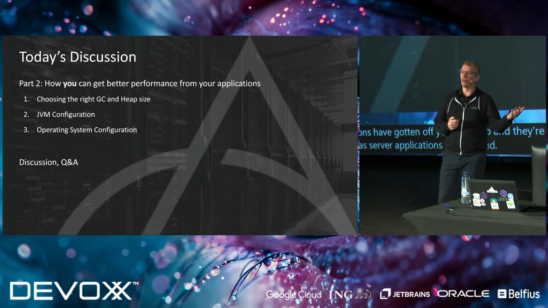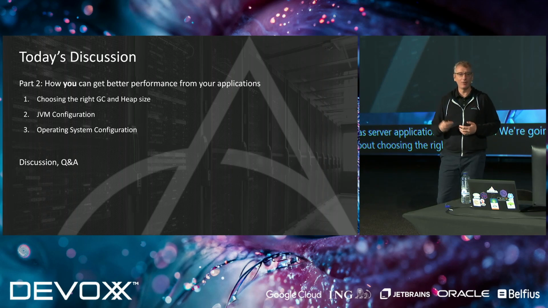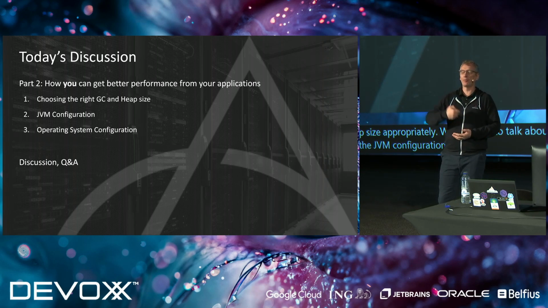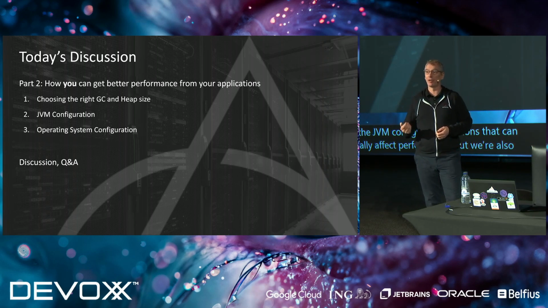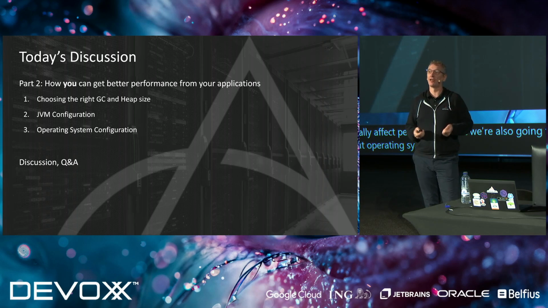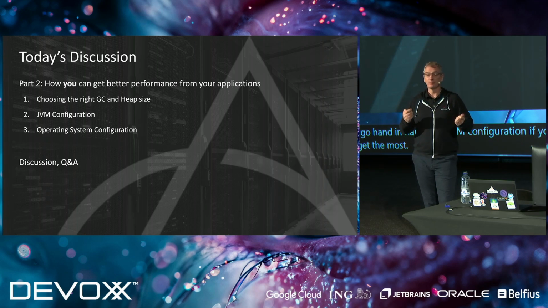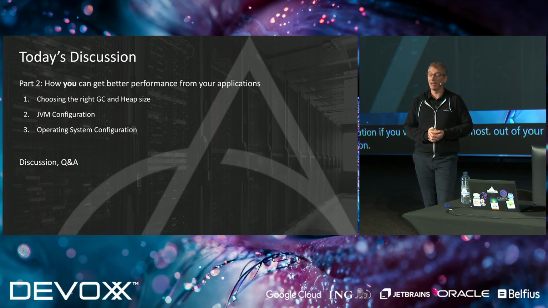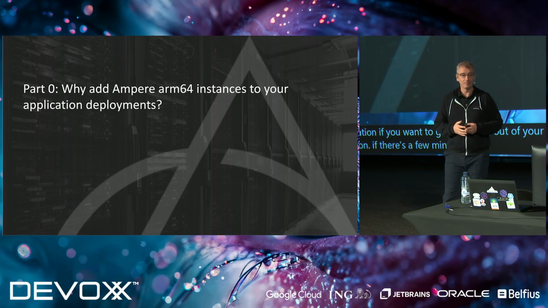We're going to talk about choosing the right garbage collector, setting your heap size appropriately. We're going to talk about some of the JVM configuration options that can dramatically affect performance, but we're also going to talk about operating system configuration that really needs to go hand in hand with JVM configuration if you want to get the most out of your application. If there's a few minutes left, we'll have some time for questions.